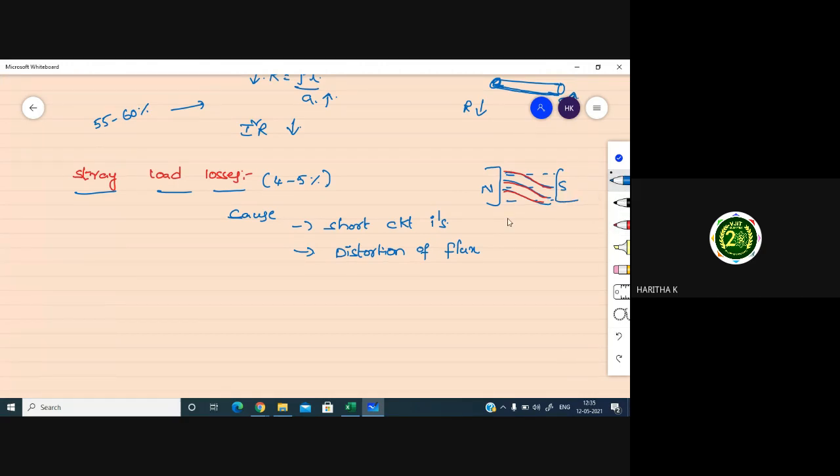Then how can we reduce these losses? By minimizing the overhang. Do you know about overhang? Overhang of the conductors. If it is a field or armature, it consists of slots. In those slots only we are placing the winding.